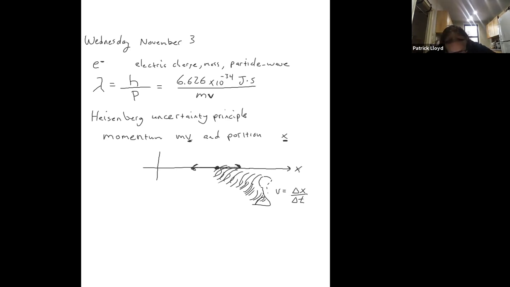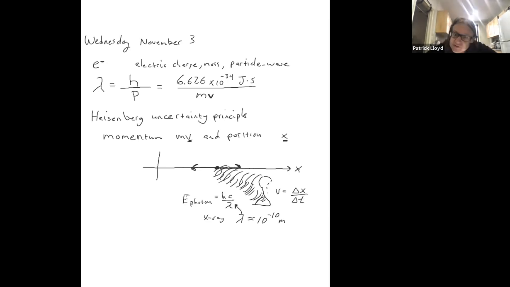Remember that the energy of a photon is equal to hc over lambda. In other words, if you're using an X-ray, lambda is very, very small, like 10 to the negative 10 meters. That's a really short wavelength, right? But the smaller the wavelength is, the greater the energy is of that photon.